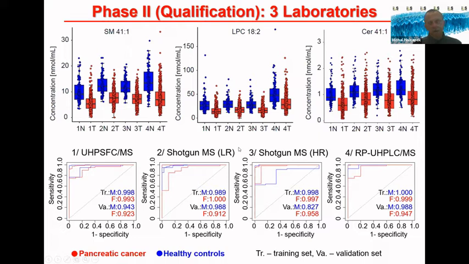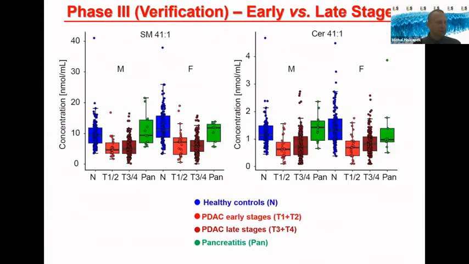And I highly recommend you consider either HILIC, SFC, or shotgun for robust quantitation. Below you may see ROC curves for individual approaches separated for training sets and validation sets, and with one exception, all values are above 0.9, which is pretty encouraging.